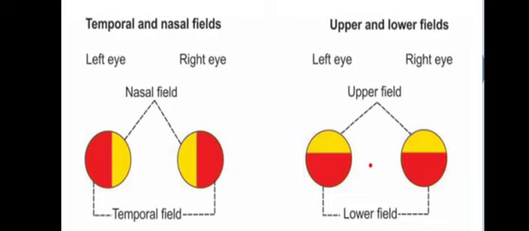At the same time, if the left eye and the right eye are divided horizontally, this is known as the upper field, and the lower region is known as the lower field.